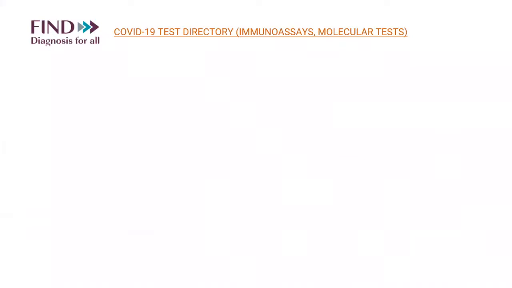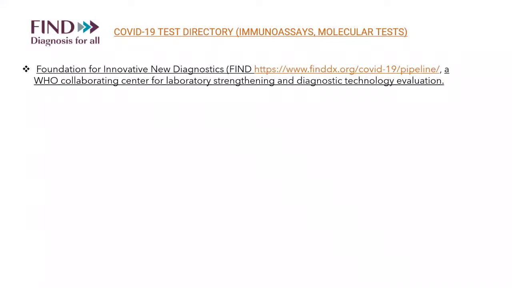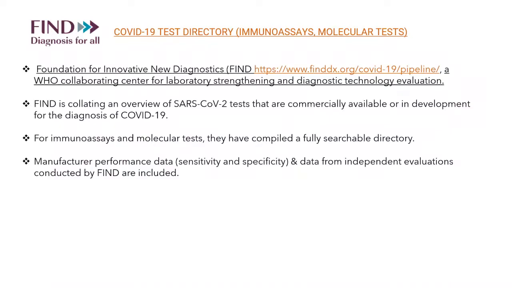Following the emergence of COVID-19, there has been prolific industry activity to develop accurate tests. The Foundation for Innovative New Diagnostics, FIND, is a WHO collaborating center for laboratory strengthening and diagnostics technology evaluation. FIND is collating an overview of SARS-CoV-2 tests that are commercially available or in development for the diagnosis of COVID-19.